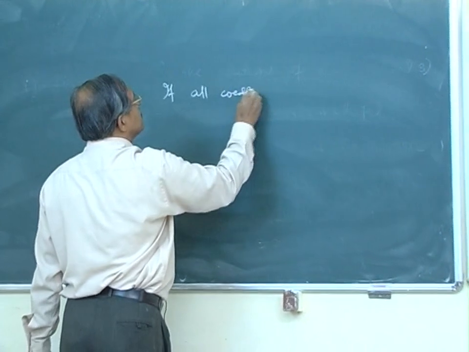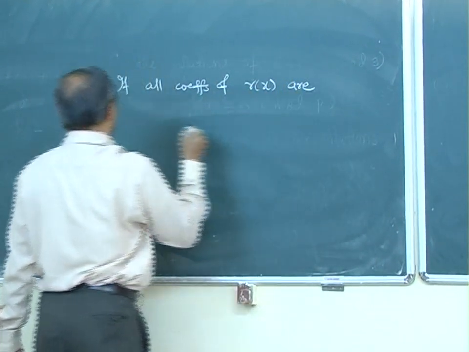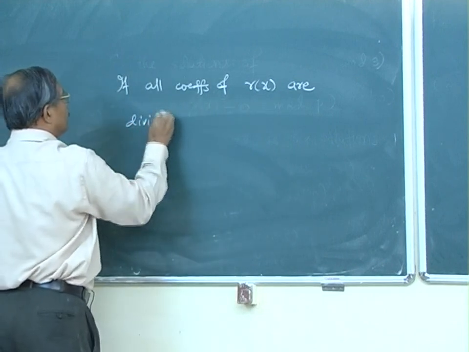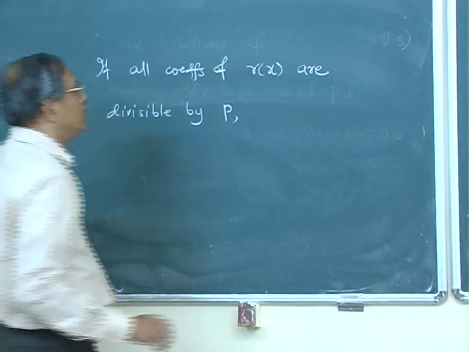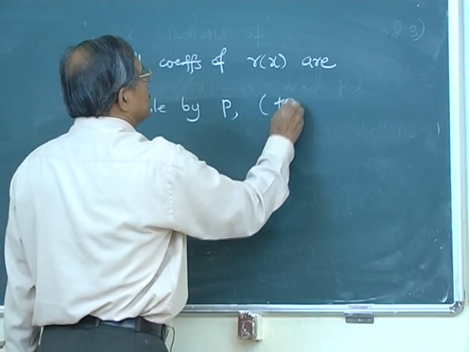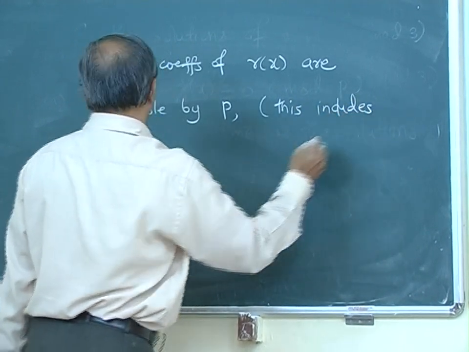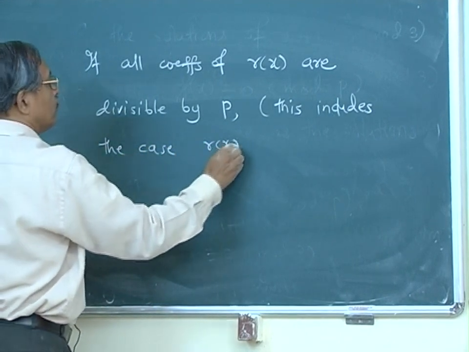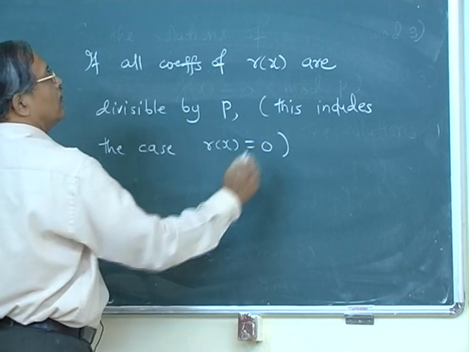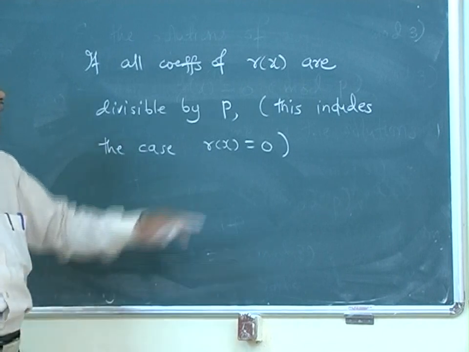So if all coefficients of r(x) are divisible by p, this includes the case r(x) equal to 0. r(x) may be 0, I am including that in this.